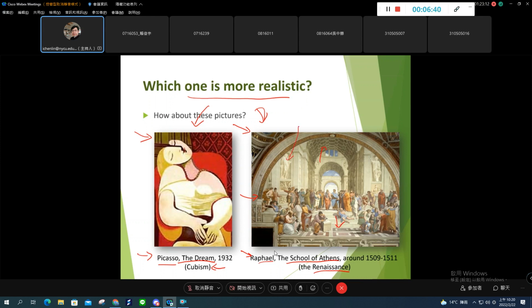And the ratio of the people looks correct, because of the first simple idea that the frontal person, for instance this one, may have a larger size on the painting, and the person here, say the famous philosopher here, is slightly further from the viewer, so he is slightly smaller in the painting.